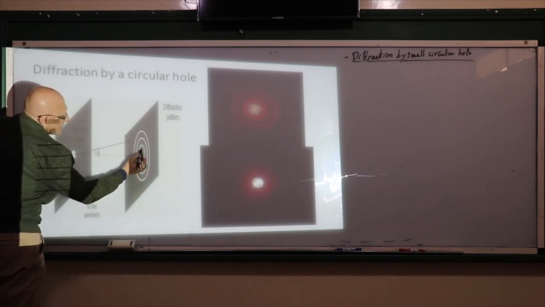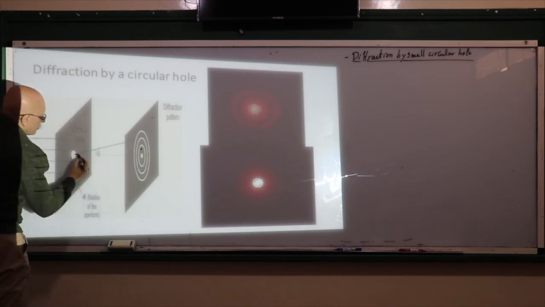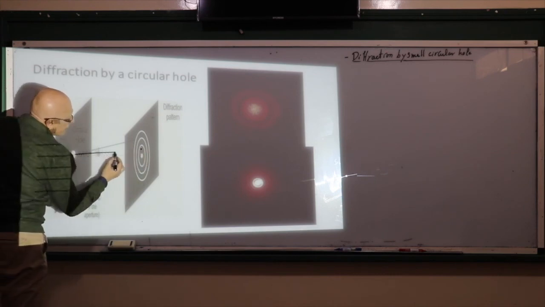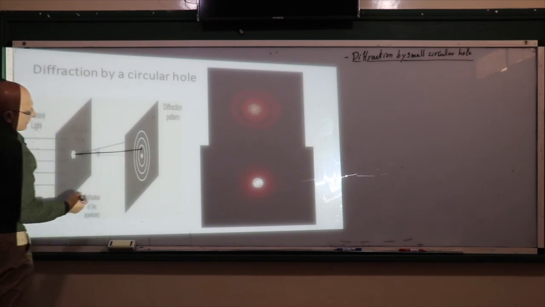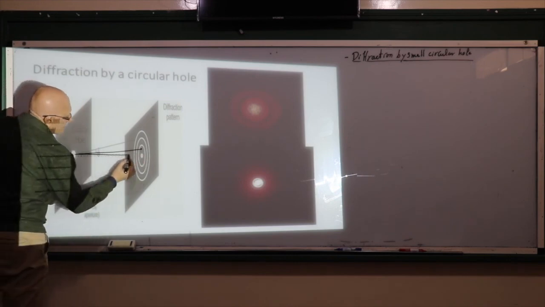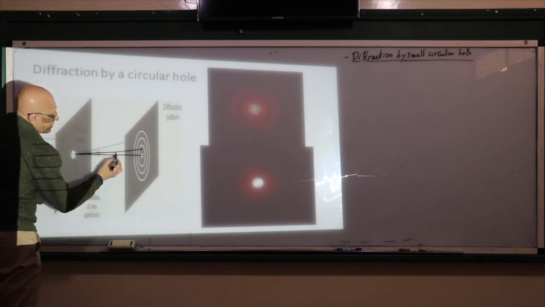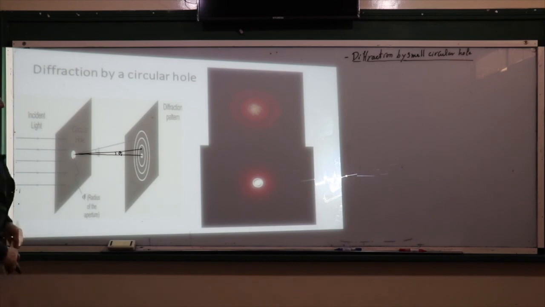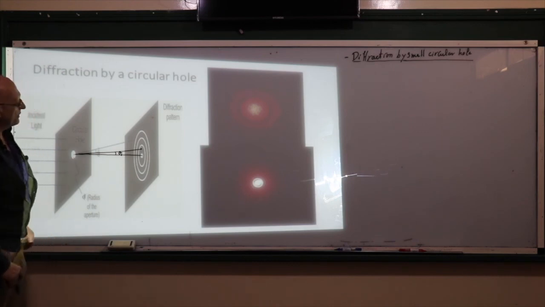This is the horizontal direction, and this will be theta 1, the angle of diffraction of the first dark fringe.